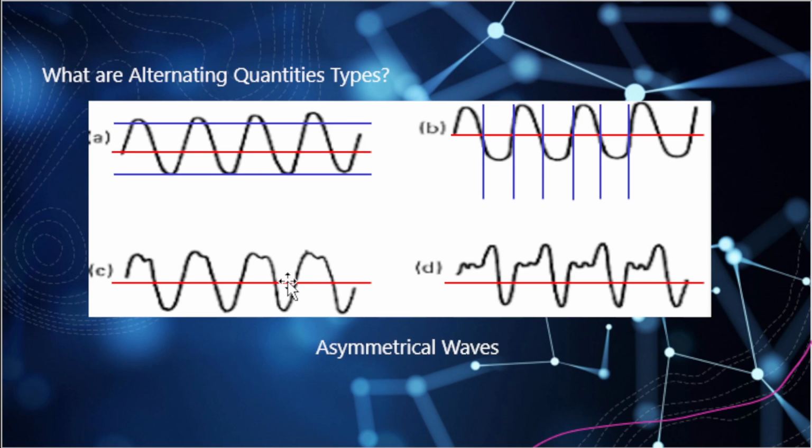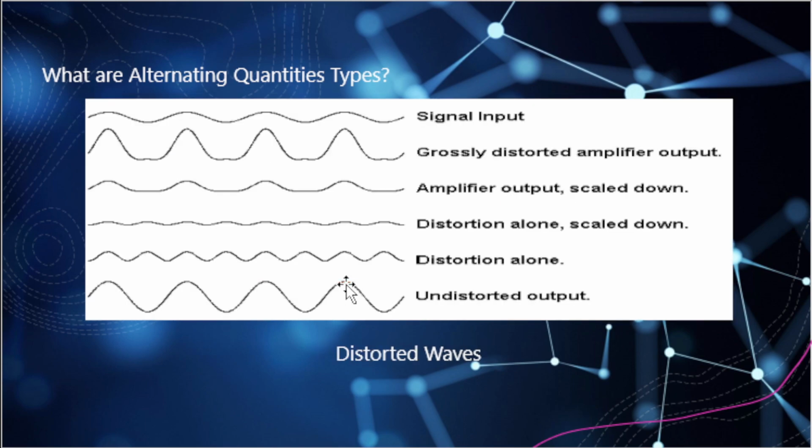And when you shape those waveforms, this is essentially what you're making: you're turning that nice sine wave into something that's asymmetrical. However, generally speaking, when it just comes to amplification, whatever waveform you put in, you want the same exact waveform out, just at a higher amplitude. Thus, we will also talk about distorted waveforms.